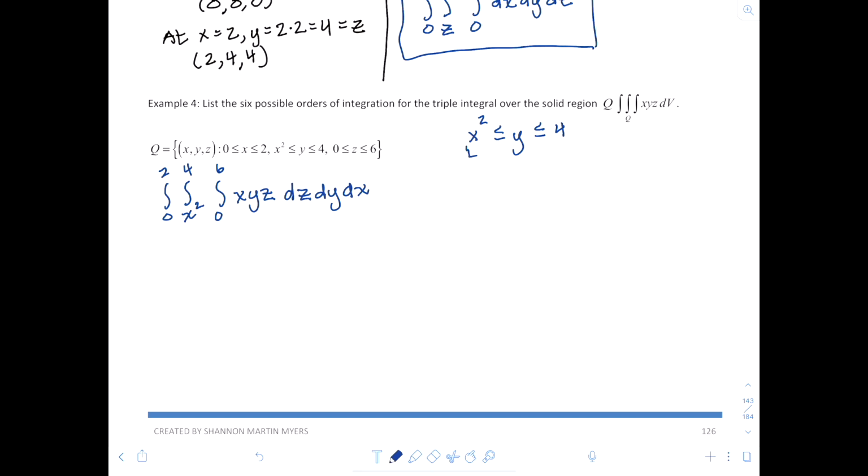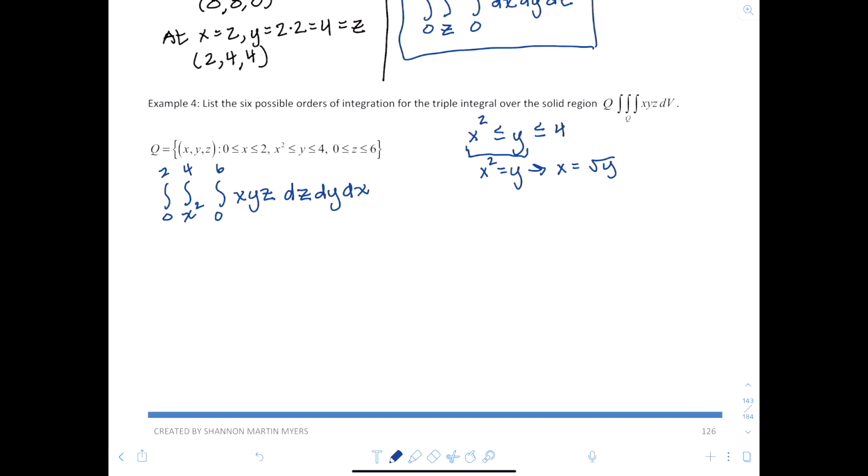Looking at this piece of it, if we look at x squared equal to y, x would equal plus or minus root y, but we know they're all positive, so x would be root y. Okay, so let's check it out.